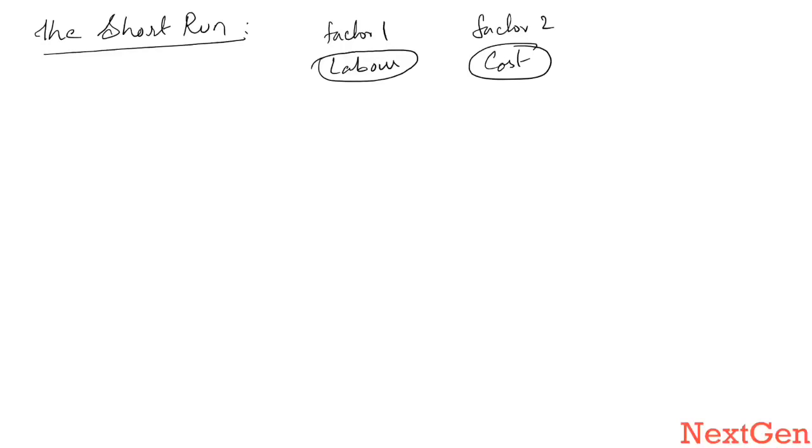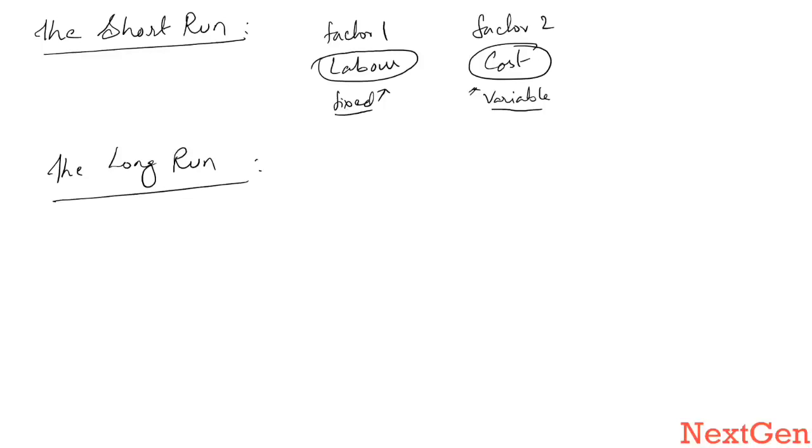When labor is fixed, the firm can produce various quantities of output by varying the level of input of factor 2, which is capital, or vice versa. When capital is fixed, the firm can produce various levels of output by changing the quantity of labor.